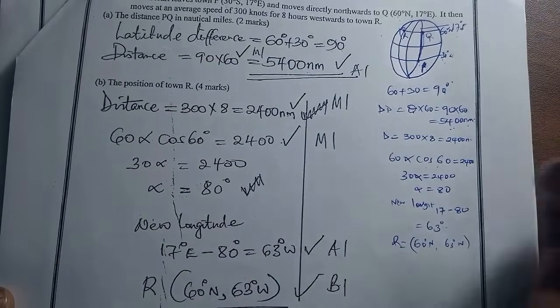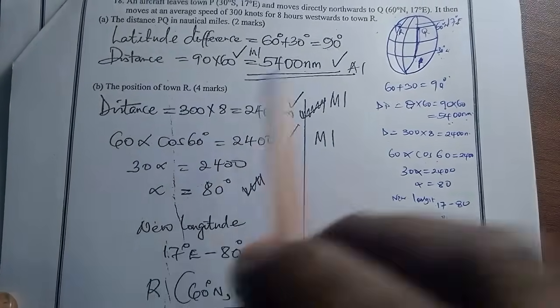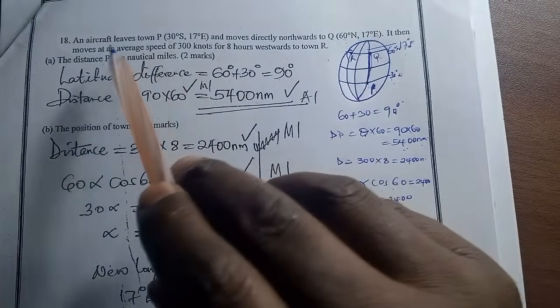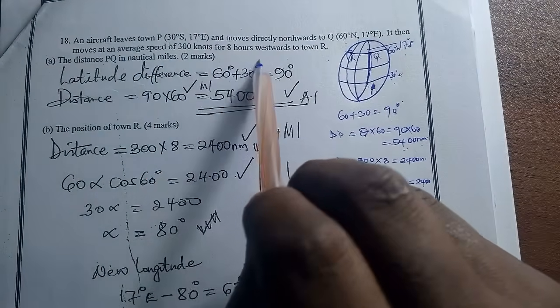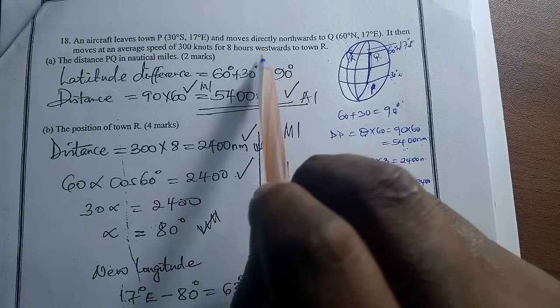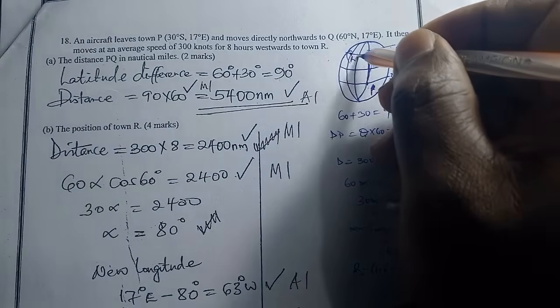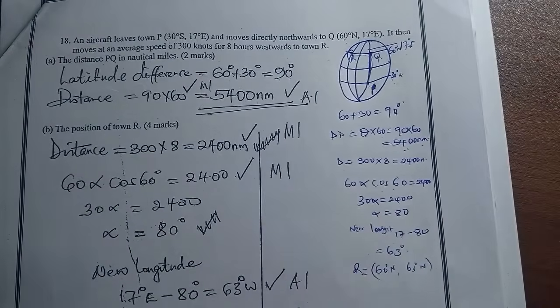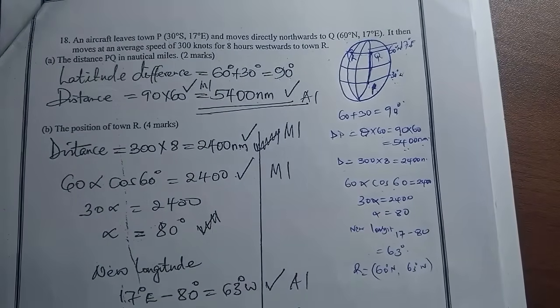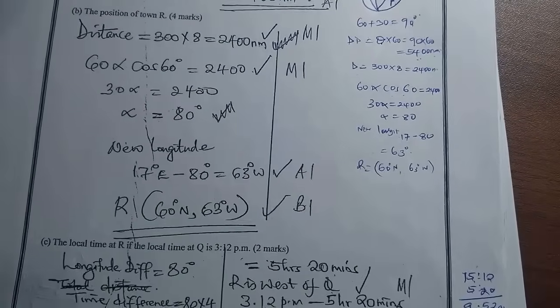The position of R. Now, when you read here, it then moved at an average speed westwards to R. So after reaching Q, it went to R. It is important that you sketch. You sketch and try. Can you try this one?